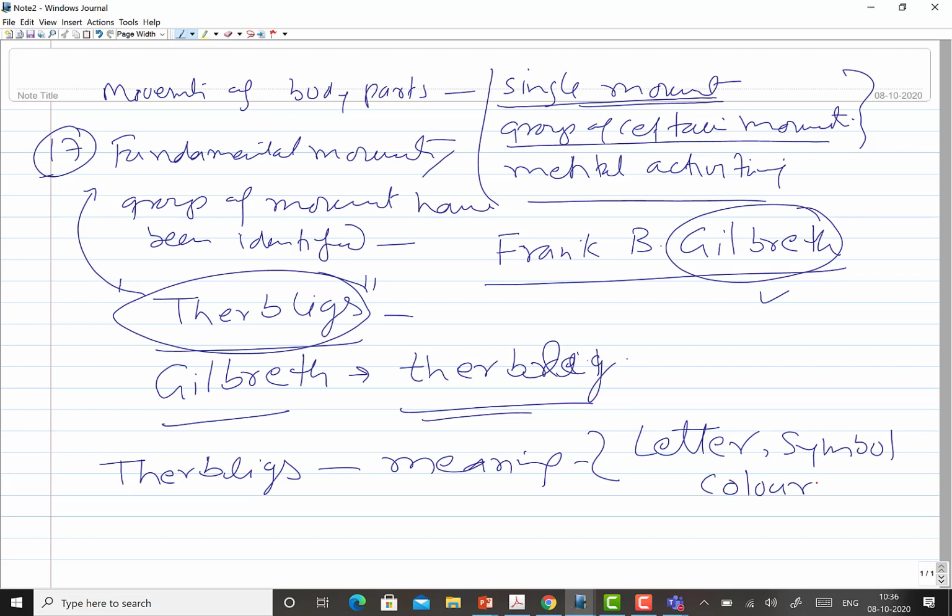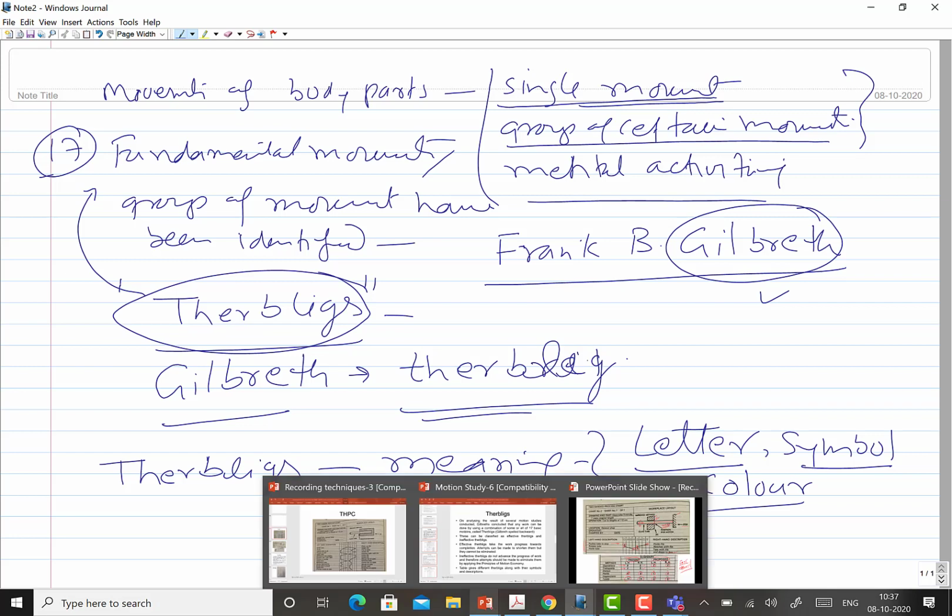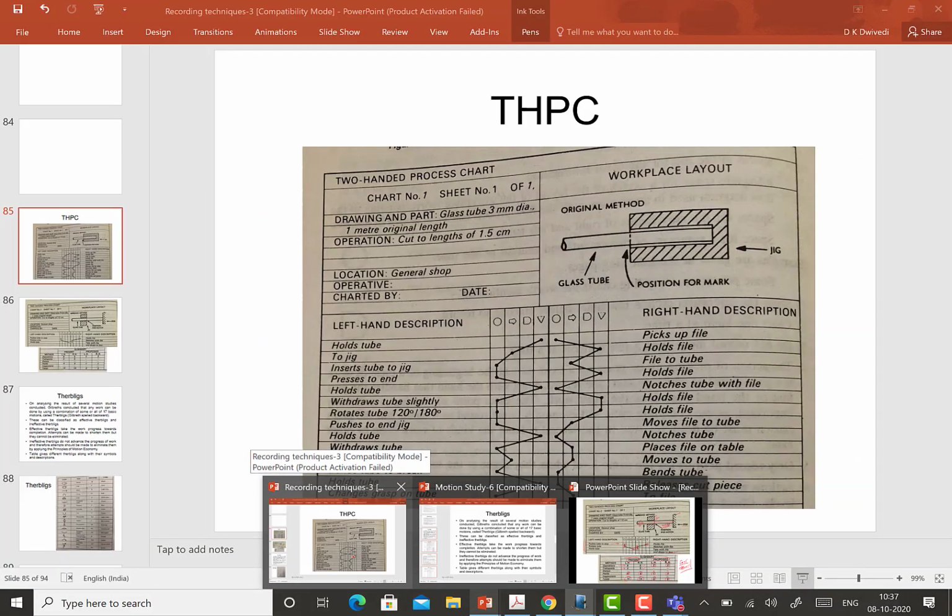These are the three things used to show these therbligs in the analysis of films. Okay, so here we'll see the different therbligs along with their meaning.